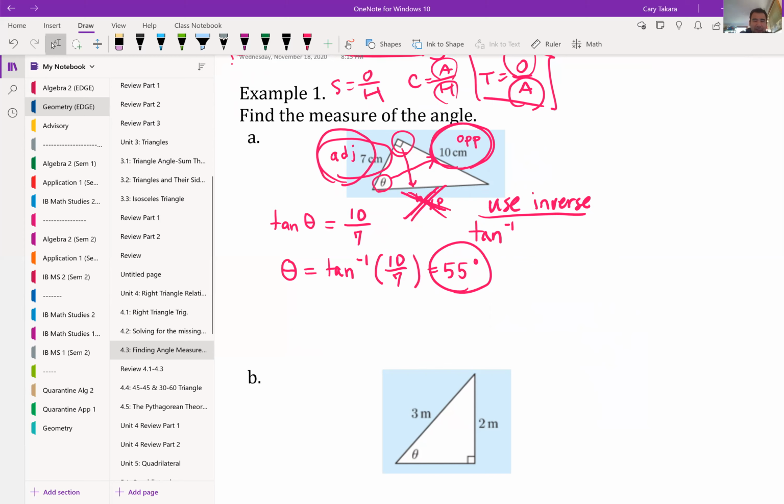Actually, you know what? Let's write this out. To find the angle, use inverse.